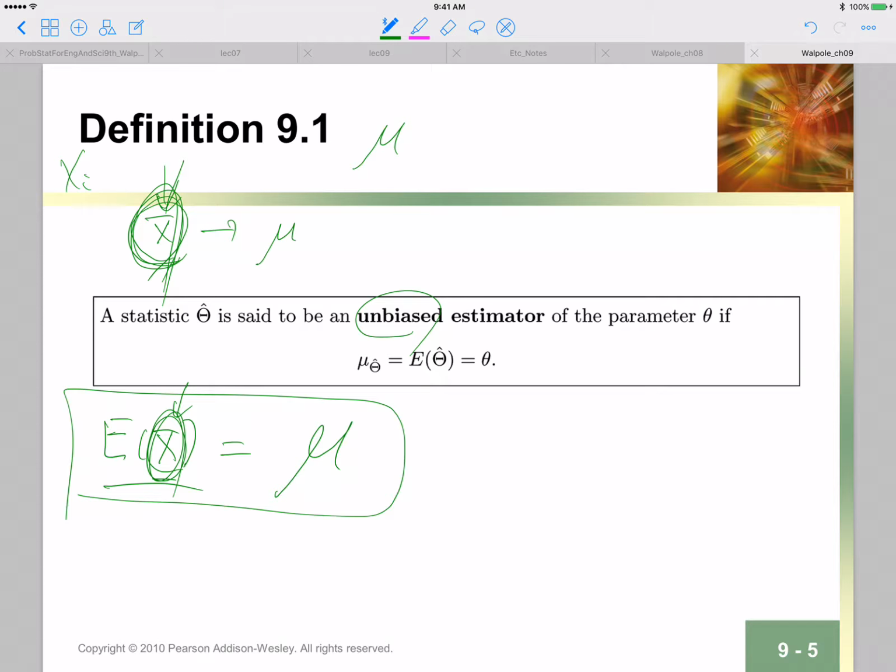In that case, you are overestimating the true mean value, on average. So in this case, your estimate is biased, because it's telling you slightly larger values than the true value. That is this notion of unbiased estimator. Okay, that's it for today.